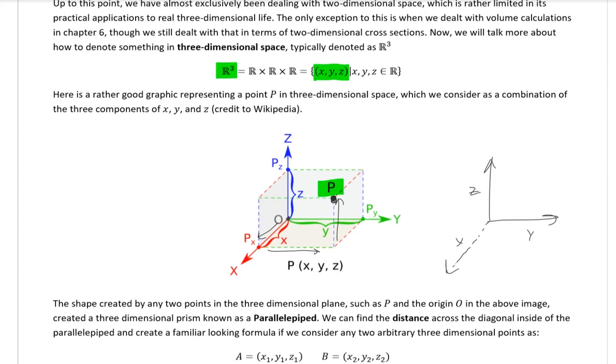Now, this is only really us drawing the first octant, we'd say, because this is true for positive x, positive y, and positive z. But you can imagine the negative versions of each going in the other directions. So negative y would go this way, negative z would go this way, and negative x would go this way.